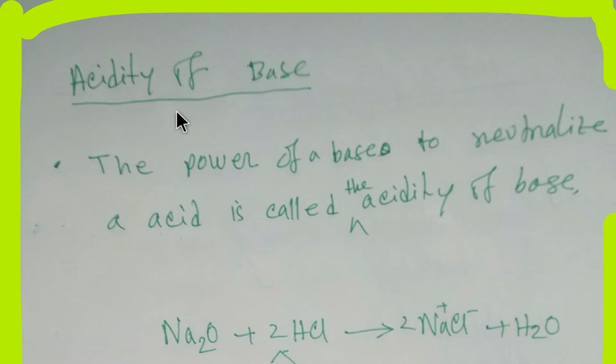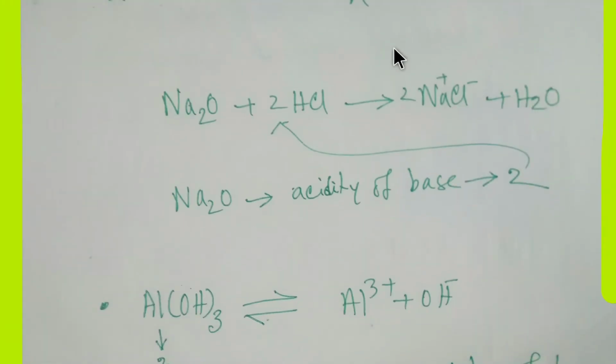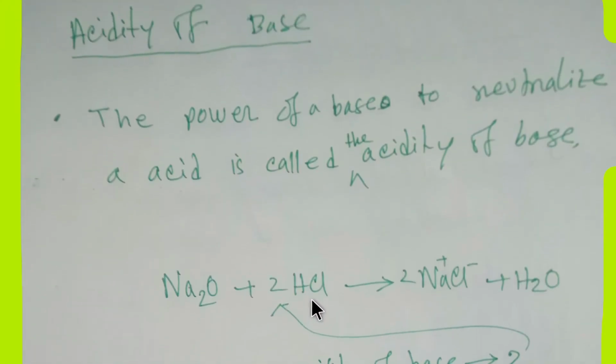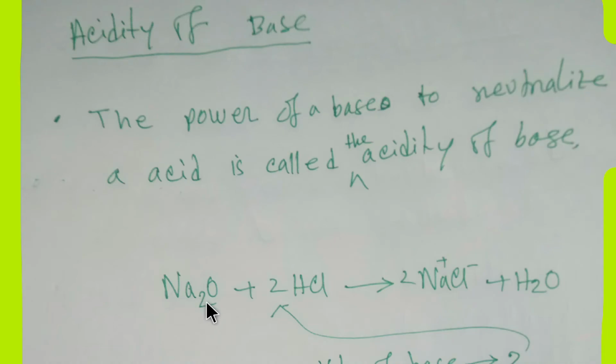That is, the power of a base to neutralize an acid is called the acidity of base. Here you see that this is acid, and this is base because this is the oxide of a metal ion.